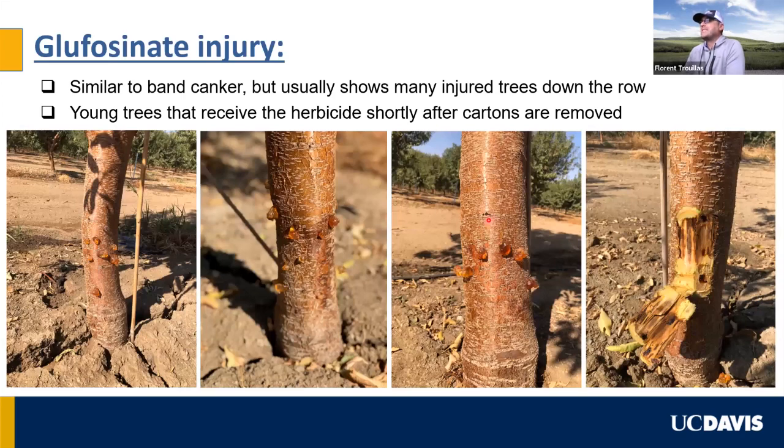This is glufosinate injury on trunks. Eventually, these older abiotic issues on almond may turn into foamy canker. So from my personal experience, I don't see foamy canker as an independent disease with a specific causal agent. I believe it's more a secondary physiological response of the tree to other issues that occurred before.